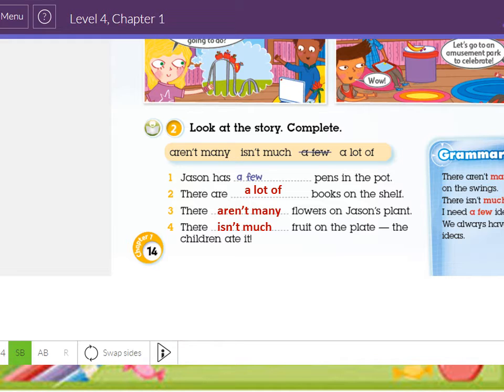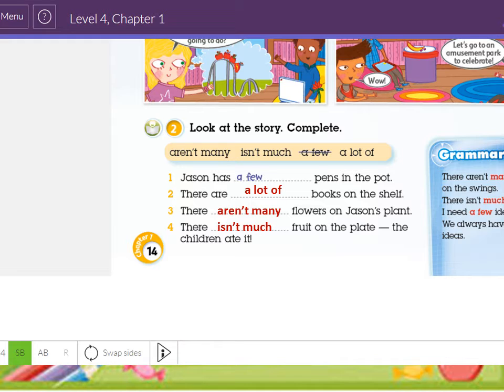And then number 3, there blank flowers on Jason's plant. Look at the flowers on Jason's plant. So the answer is there aren't many flowers.